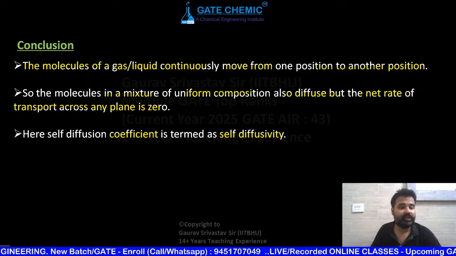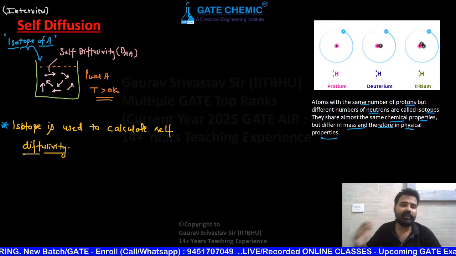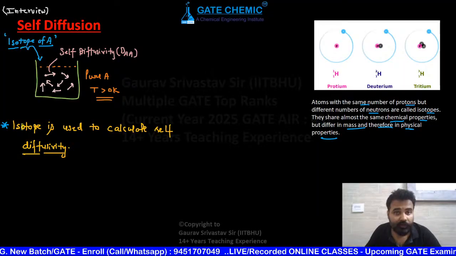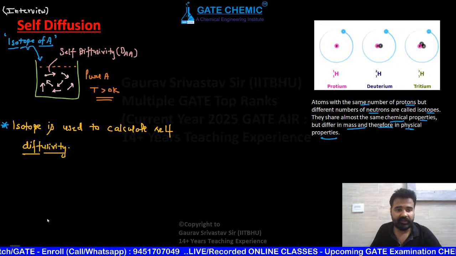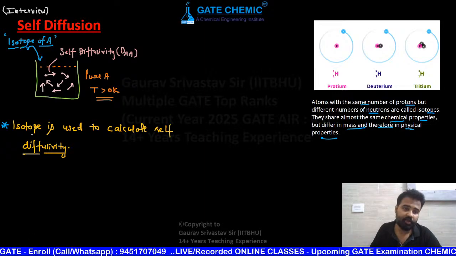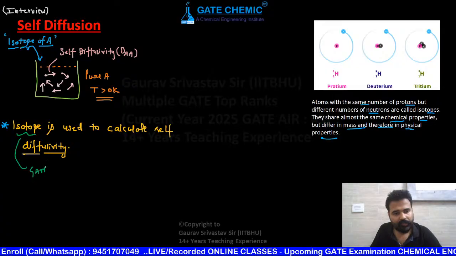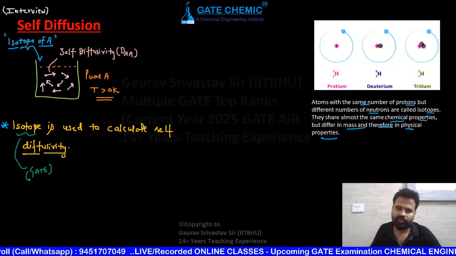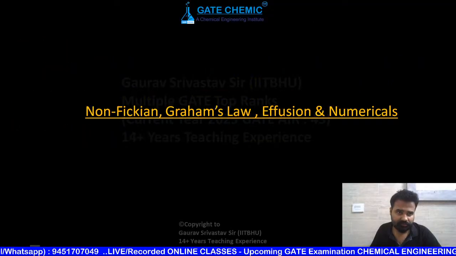So the only important thing here is how you are going to calculate self diffusivity with the help of isotopes. This is the question that they can ask in a GATE examination. वो गेट एग्जामिनेशन में ऐसा पूछ सकते हैं, अदर एग्जामिनेशन में तो ये पूछा हुआ है. So this is important for GATE. Just a one mark question. Okay, I hope everyone is crystal clear.